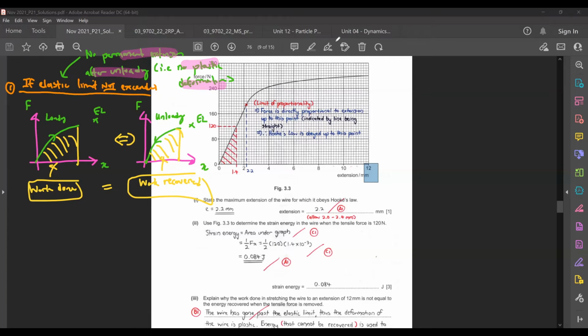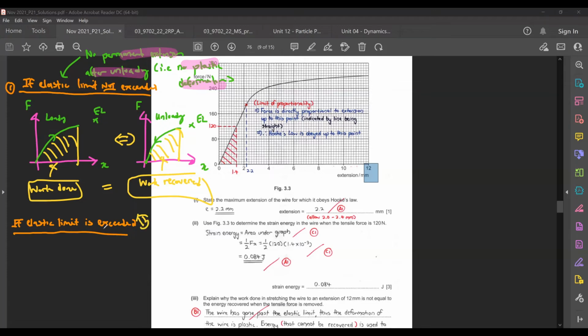If you exceeded that limit, this is what is going to happen. Maybe I just make use of the same diagram. If the elastic limit is exceeded, this is what you are supposed to get.